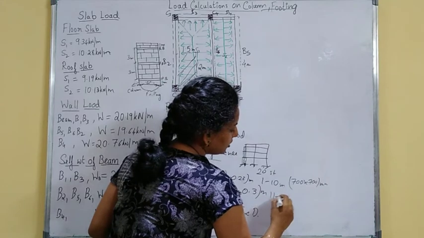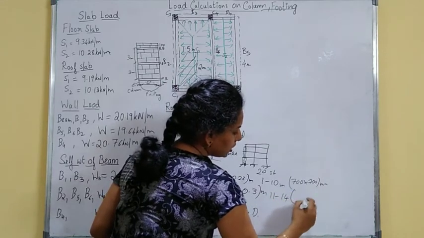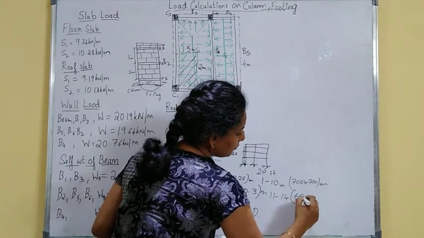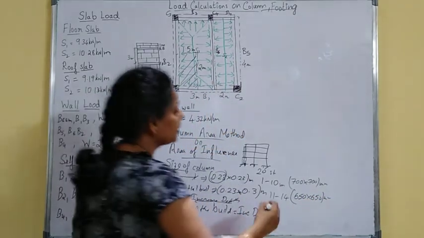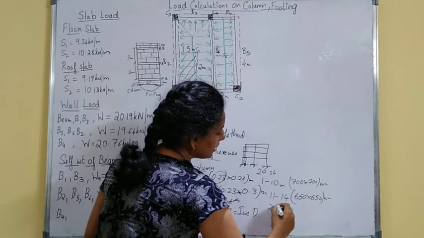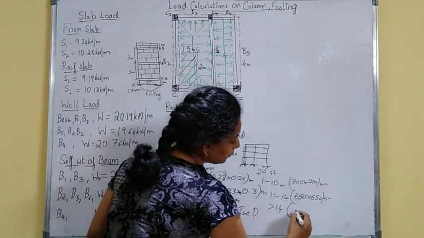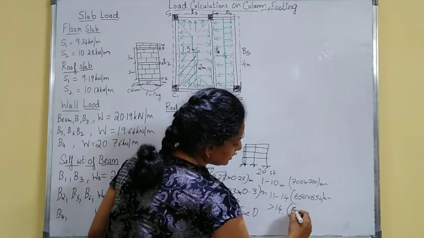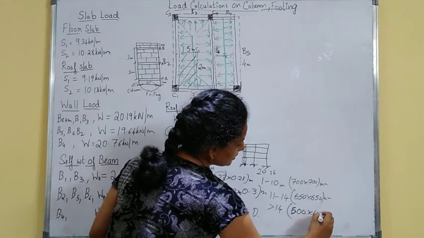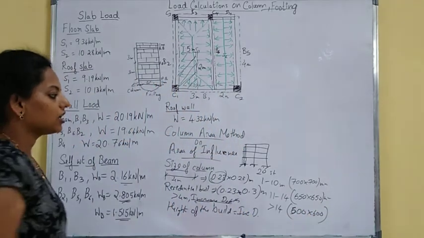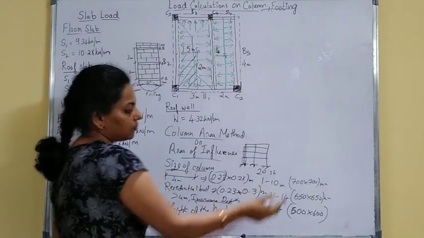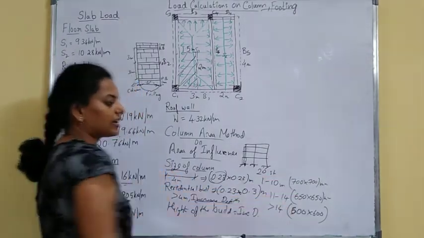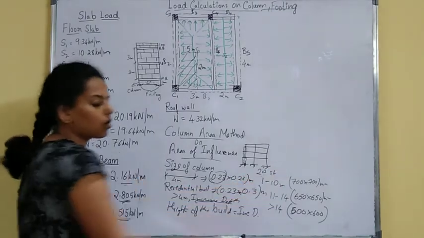Again for stories 11 to 14 or 15 you can give 650 by 650 if you are providing square columns. Above 14 you can give 600 by 600. You slightly vary it as the height of the building grows, so you consider combinations of column sizes like this.